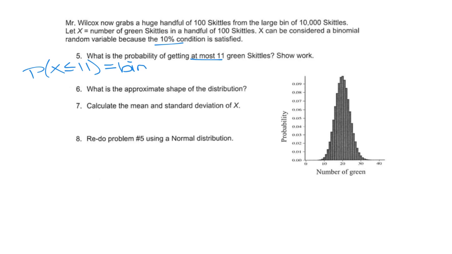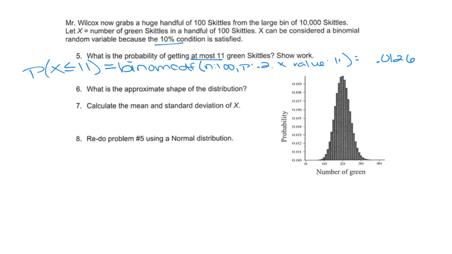So again, go into that second vars, that distribution, and you're going to want the CDF one, and you're going to type in N, it's going to be 100, because that was my number of trials. My probability is 0.2, and my X value here is 11. And I'm going to hit enter, and that's going to give me 0.0126.